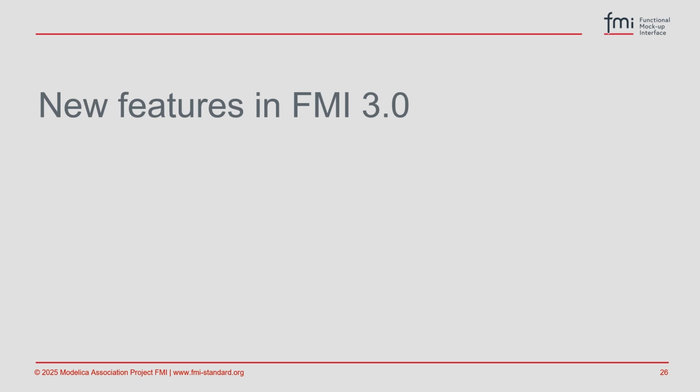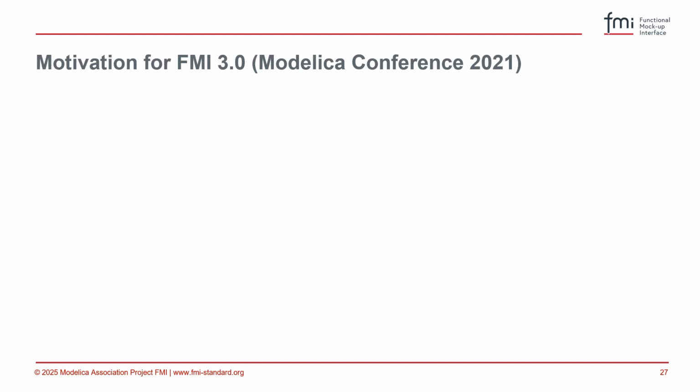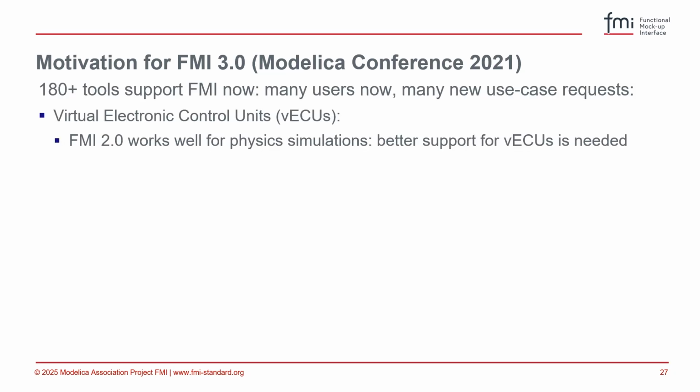What we saw until now was mainly for FMI 2, but now FMI 3 has been out for 3 years and gets rapidly adopted, so it's good to have a look at. FMI 3 was released in 2022, and here was an overview of the conference in 2021, where we saw FMI already broadly supported by many tools and broadly used, but new use cases required new features.